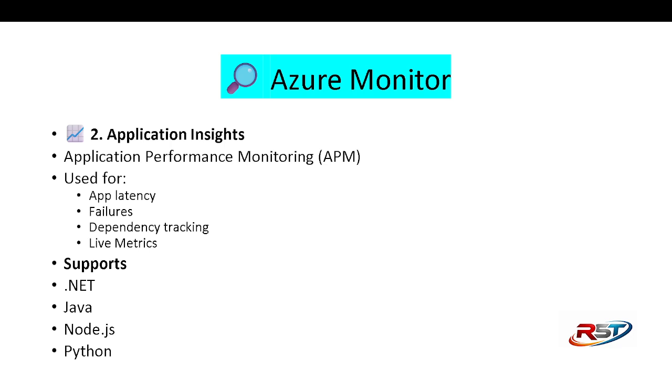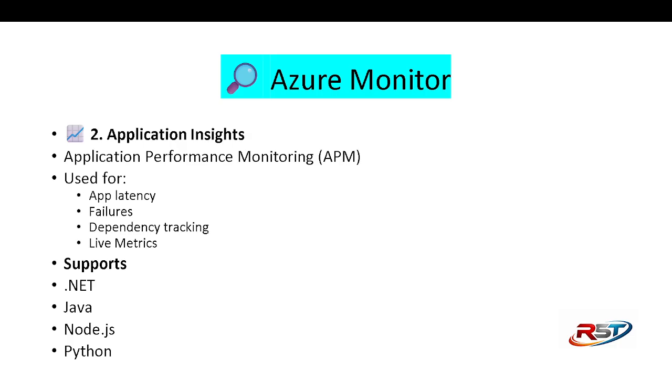Application Insights. So application performance monitoring, APM, used for app latency, failures, dependency tracking, and live metrics.